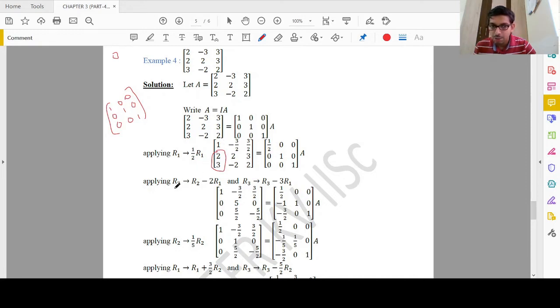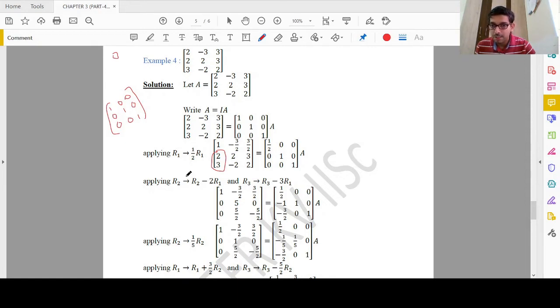So the transformation here is R2 changes to R2 minus 2R1 and R3 changes to R3 minus 3R1. Note that here we can use two transformations at a time. In the previous 2 by 2 problems, we used to do only one transformation at a time.